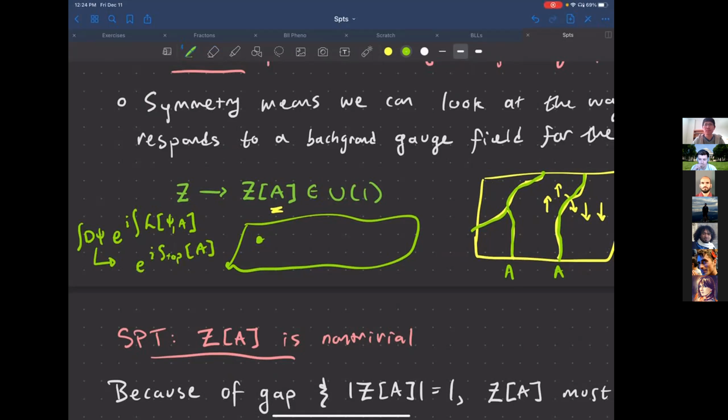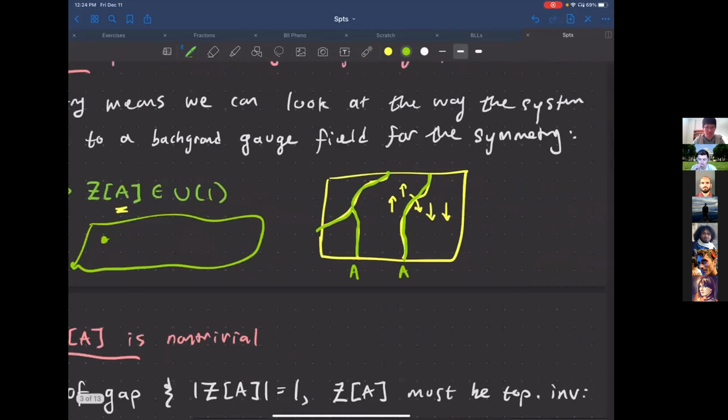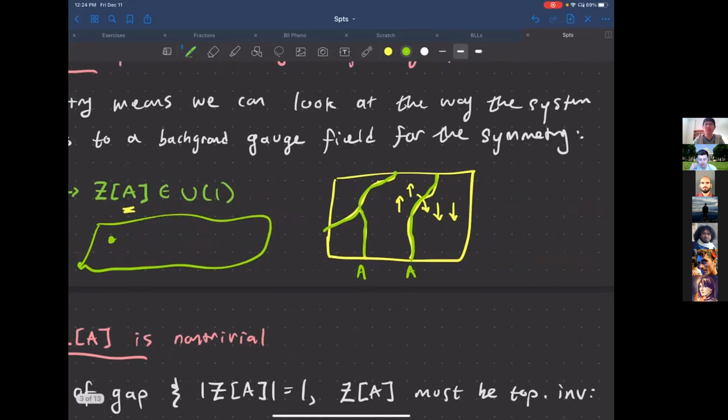And this is what domain walls are doing too, right? If you have some guy over here and you're moving along, then this gauge field tells you how this guy gets acted on by the symmetry as it moves along points in space. For example, when it crosses this line, it will get flipped from up to down spin or something like this.